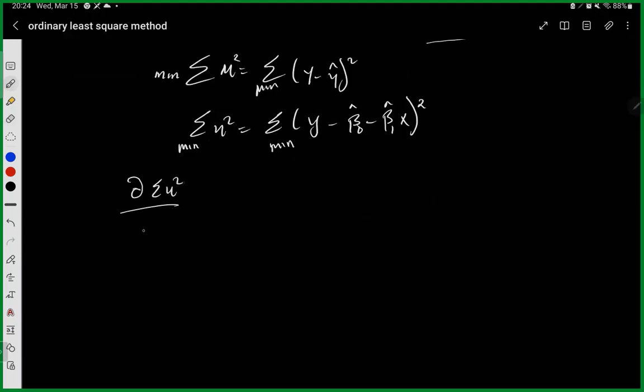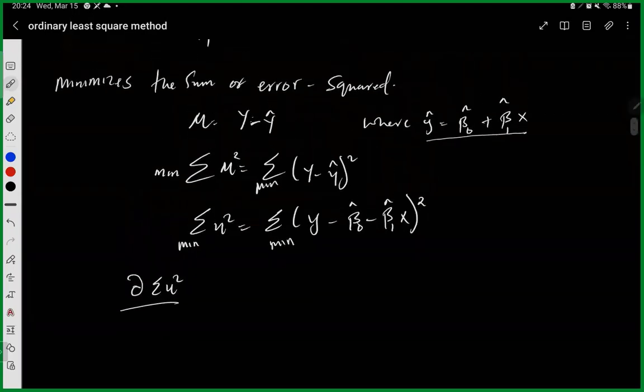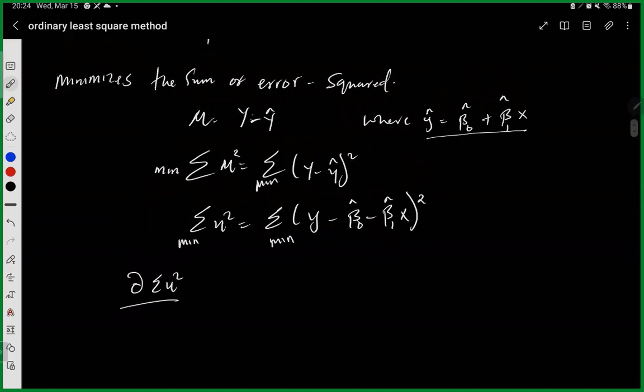Yes, please, just take the board a bit up. There's a positive sign on beta 1, do we still maintain the negative? Yes, it's negative. Why? Because initially what I did here is I replaced y hat with beta naught hat plus beta 1 hat x, and I put it in brackets because there's this negative in front.